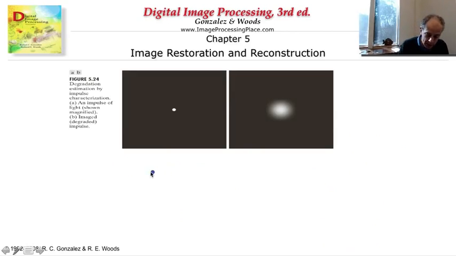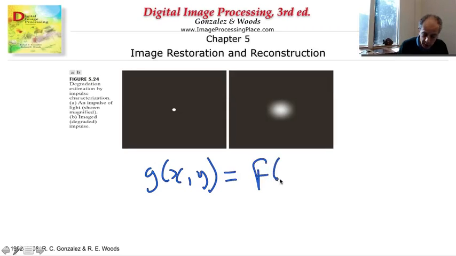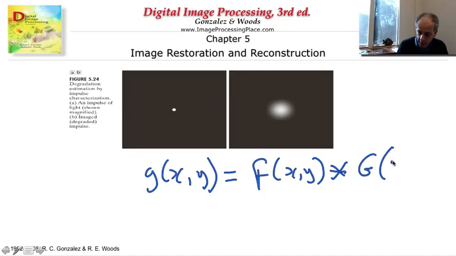Blurring means that I am observing an image that is the result of my original image convolved, let's say, with a Gaussian function with zero mean and a certain variance or standard deviation. And we already saw the general function of a Gaussian, basically an exponential with a quadratic exponent. We saw it when we were discussing noise. Basically, it blurs my image.